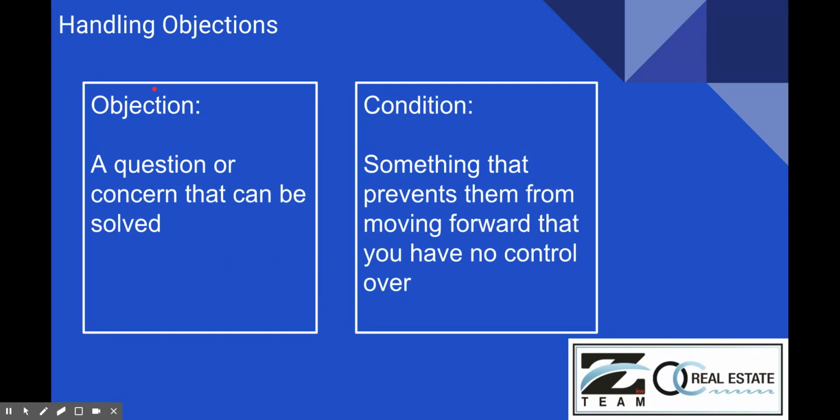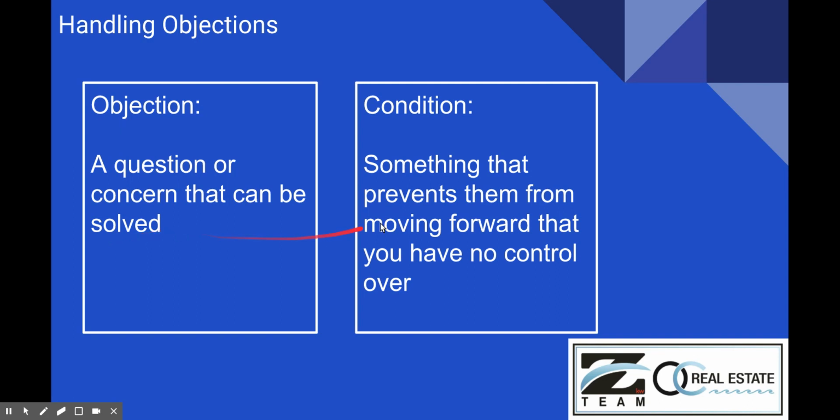The difference between an objection and a condition: an objection is a question or concern that can be solved. So if they say, I want to interview a couple of agents to get a good understanding of what agents offer, you can solve that. There are things that you can say that will solve that objection in their mind and prove that you're the only agent that's a good choice.